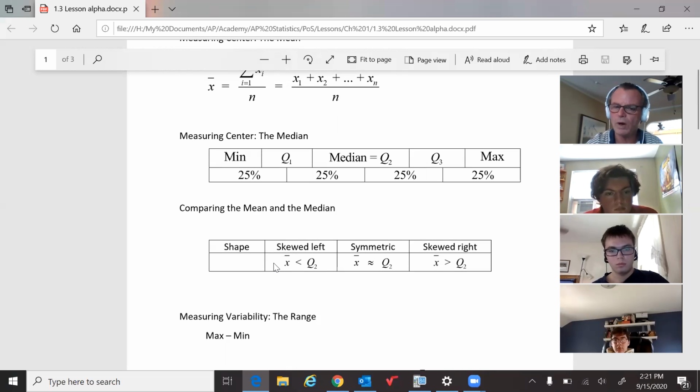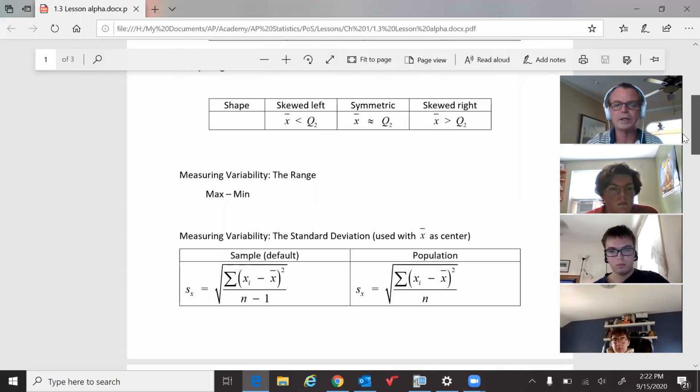It's going to bring the mean with them. So the mean will then be less than the median. If the data is skewed right, that tail is going to bring the mean with it, and it's going to be greater than the median. And the reason for that is because we say that the mean is sensitive to outliers. It's sensitive to big numbers. Whereas the median is resistant to big numbers or small numbers. The range is max take away min.